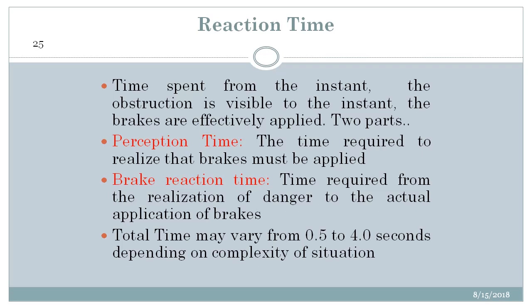It is divided in 2 parts. Perception time, the time required to realize that brakes must be applied. Brake reaction time, time required from the realization of danger to the actual application of brakes. Total time may vary from 0.5 to 4.0 seconds depending on complexity of situation.